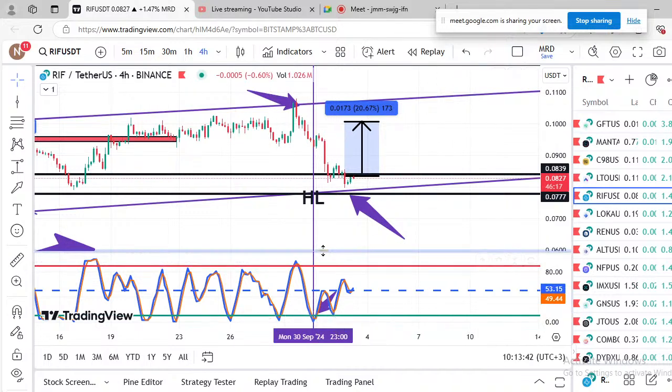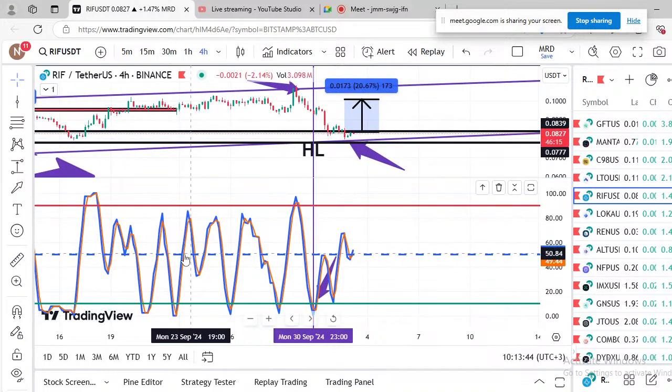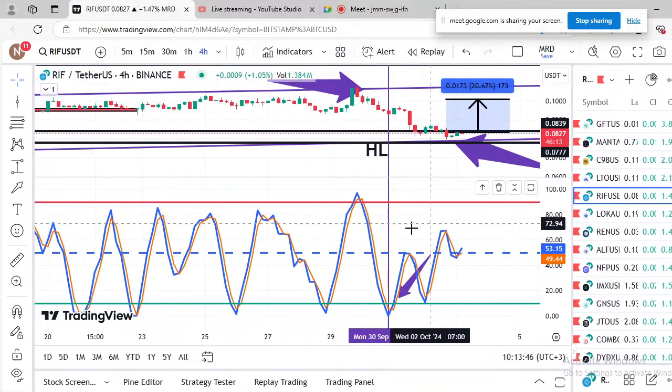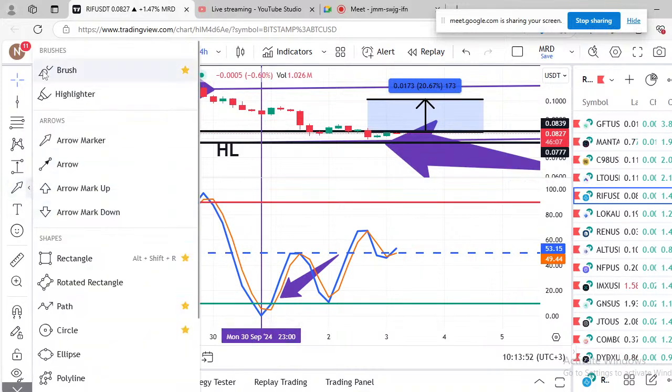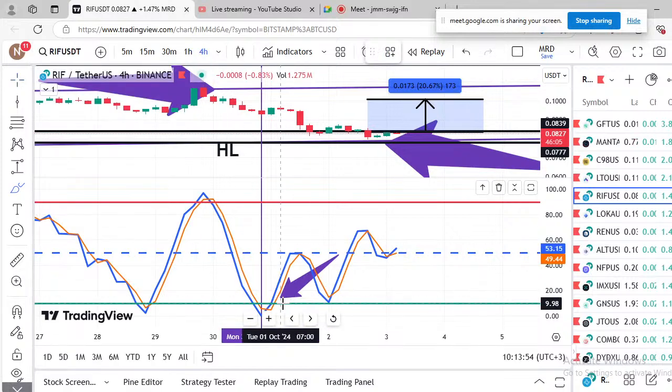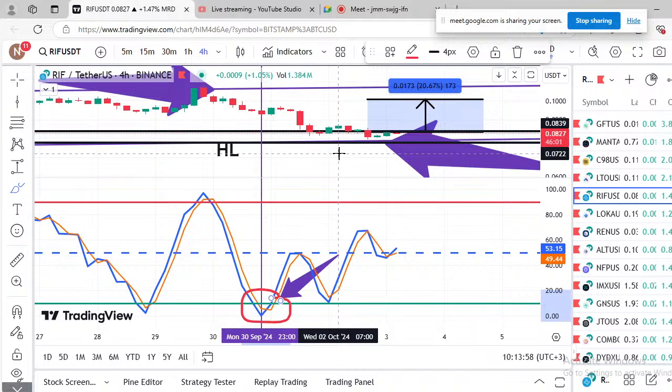Let me increase it here. Can we all see this? The indicator itself was telling us to buy.